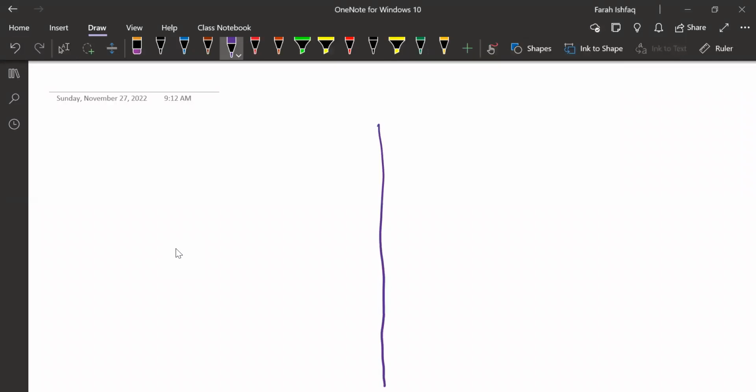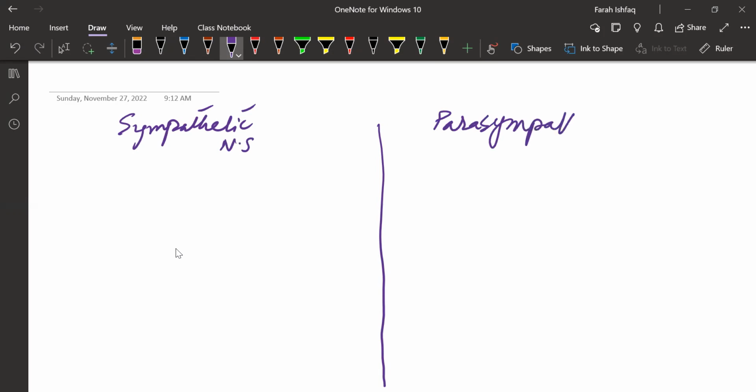So in this session we will try to discuss the differences as well as the individual systems, the sympathetic nervous system and the parasympathetic nervous system.